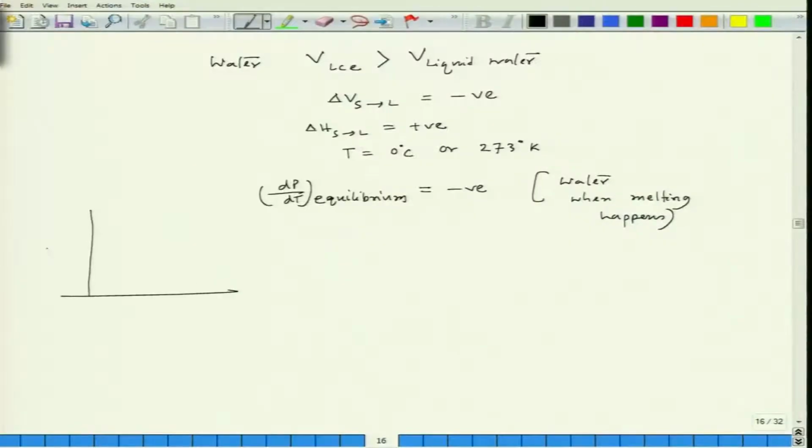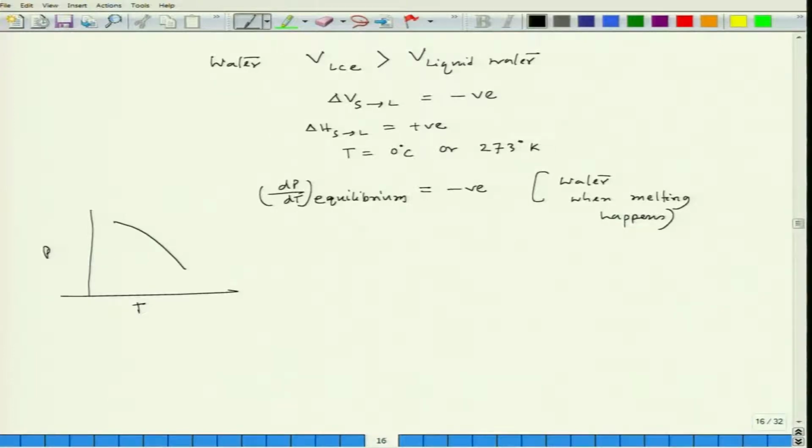Now, if pressure is increased, it has to reduce its transformation temperature, since the slope is negative. So, the slope is negative means in pressure and temperature, the slope becomes like this. So, it is a negative slope.